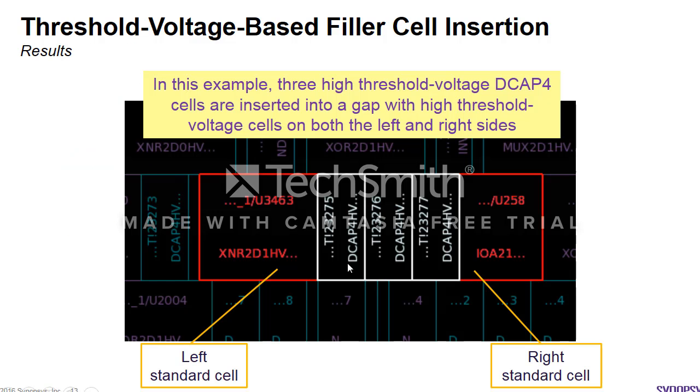Here is one result between the left standard cell and the right standard cell. You can see we insert 3 high threshold voltage DK4 in the gap between two of the high voltage cells.